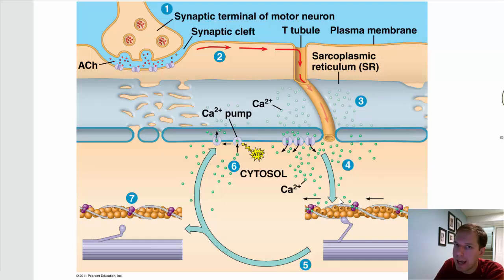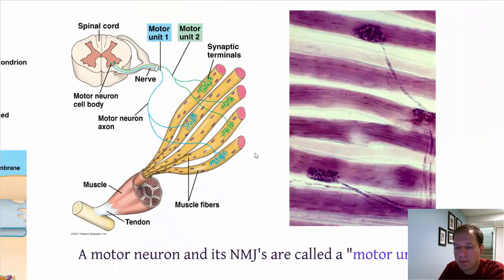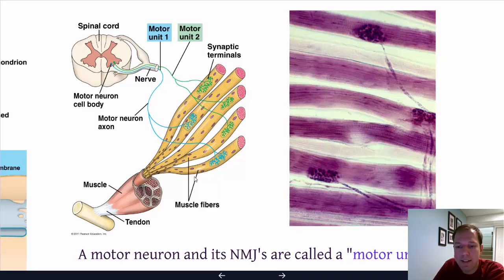But once relaxation is desired, calcium needs to be pumped out of the way, again showing a use of ATP in the process of relaxation. So the motor unit is going to consist of the neuromuscular junction, which is innervated by these motor nerves, as well as the myofibril itself.